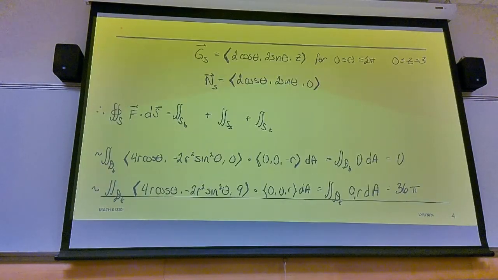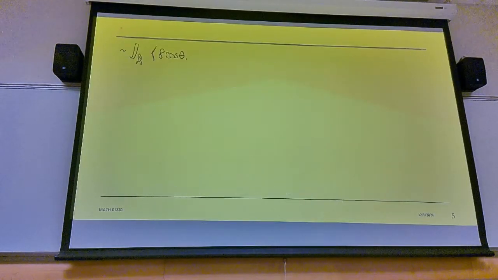Negative 8 sine squared, and then z squared, dotted with our normal vector.